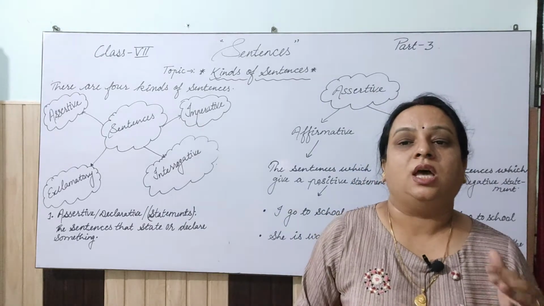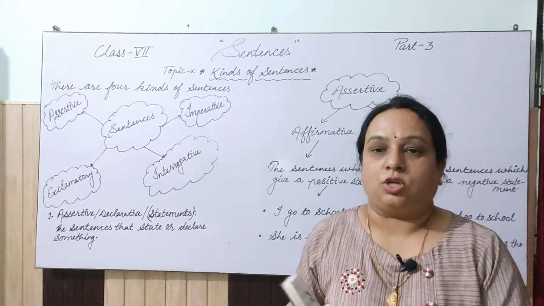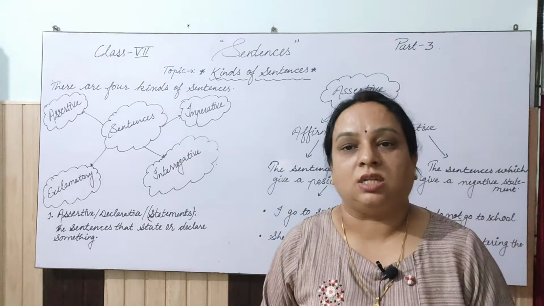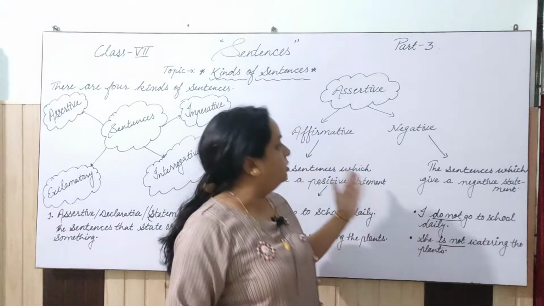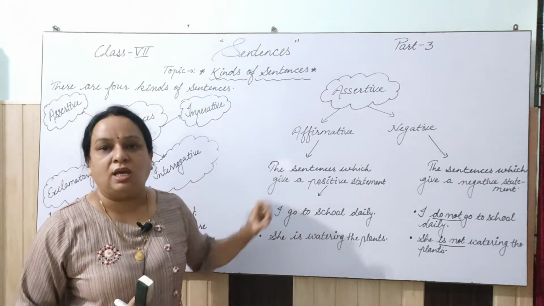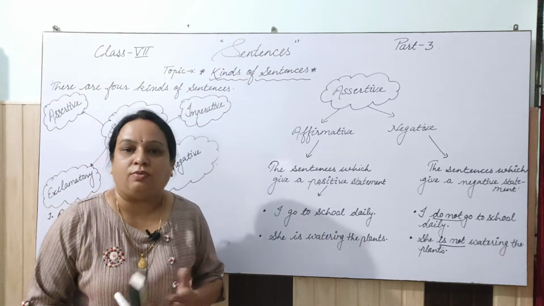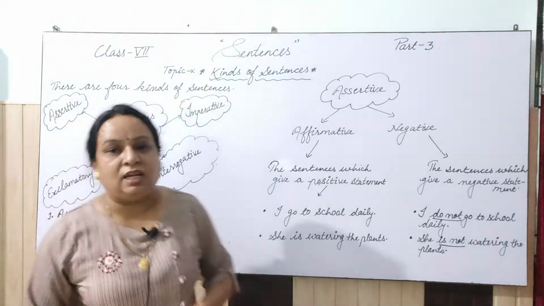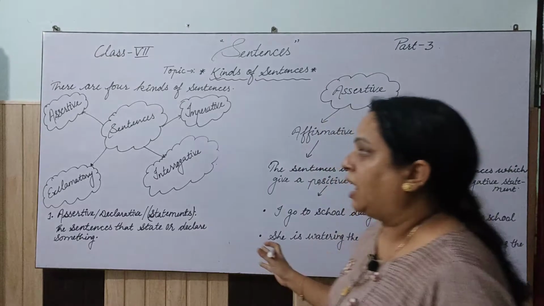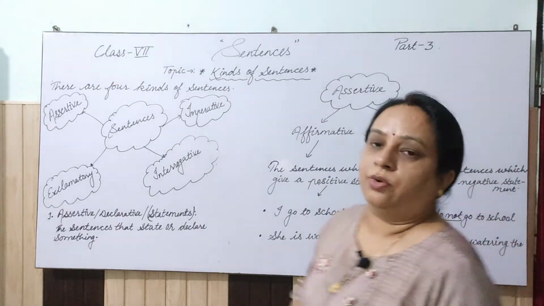Assertive sentences start with the subject and end with a full stop. There will be no confusion in identification. And for affirmative and negative types, it is the same: they start with the subject and end with the full stop, whether negative or affirmative. Let's do the second kind, imperative sentences. But before that, take a screenshot of this, note it down in your notebook, and please learn it for your examination.